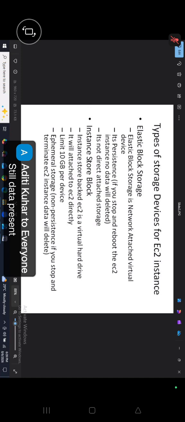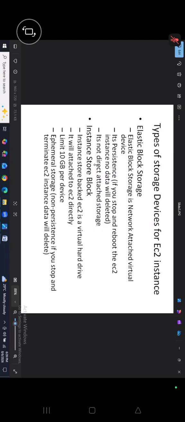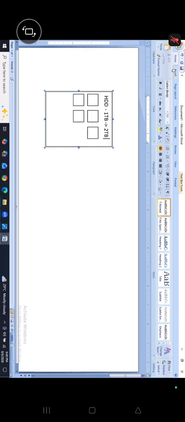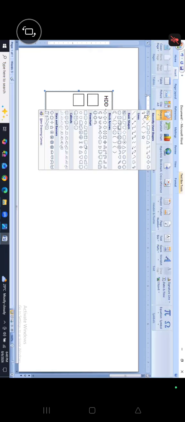So it's not direct attached storage, right? For example, this is our laptop.